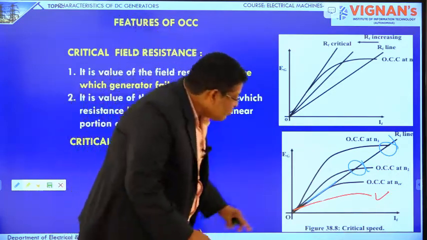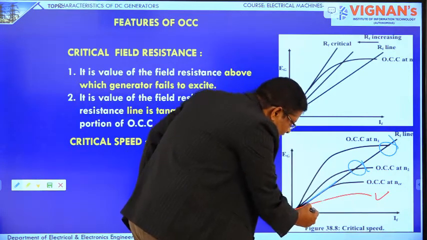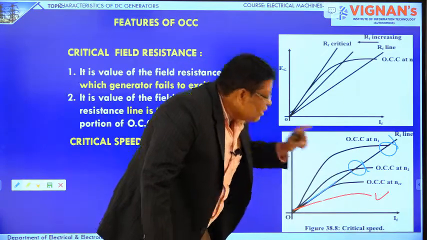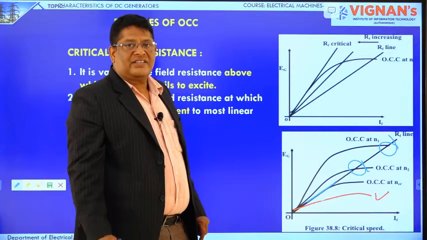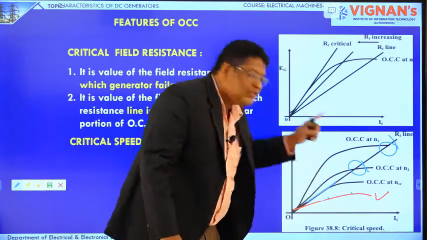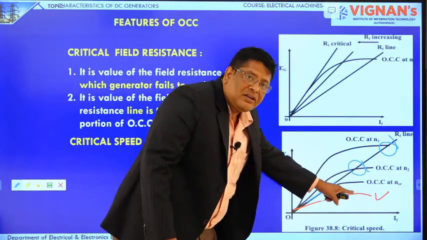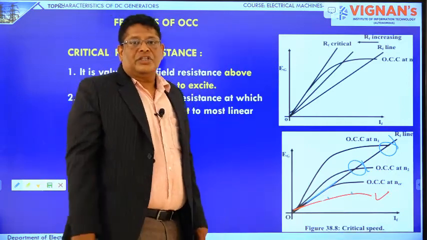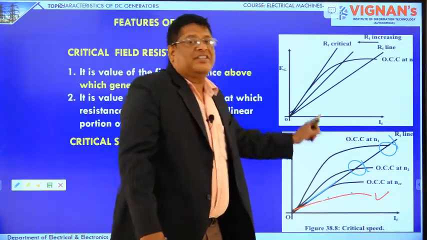If we further decrease the speed of a generator, we get the OCC that we are showing as a red line that is not intersecting the field resistance line. With this speed, no voltage will be induced in a generator with this value of resistance.